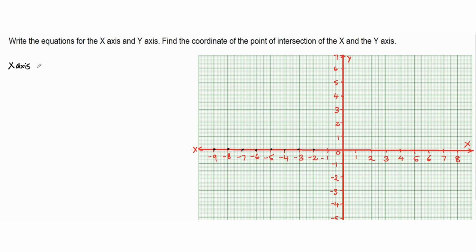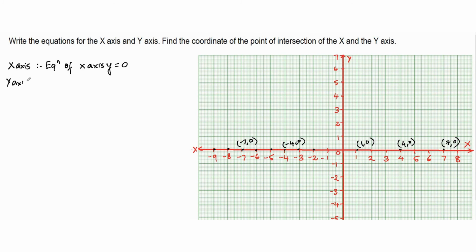And hence I can say that the equation of the x-axis is y equals 0, because if you take any point, the y coordinate of that particular point is going to be 0. This is true for all points on the x-axis, right? So if somebody tells you that the point lies on the x-axis, you can safely assume that the y coordinate of that point is going to be 0.